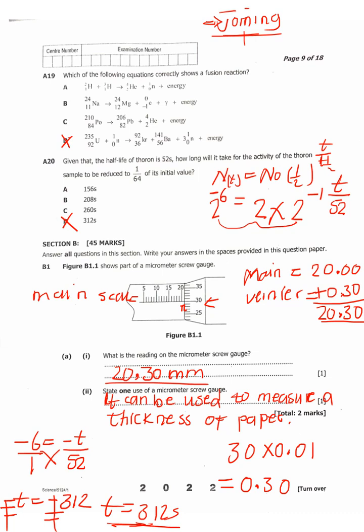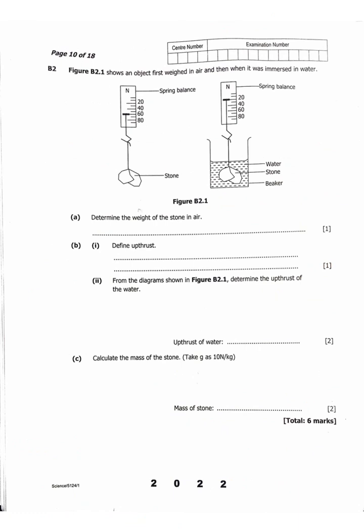So now let's move on to question 2. Figure 2.1 shows an object first weighed in air and then when it was immersed in water. So let's look at the spring balance. It is just a balance that can be used to measure weight.